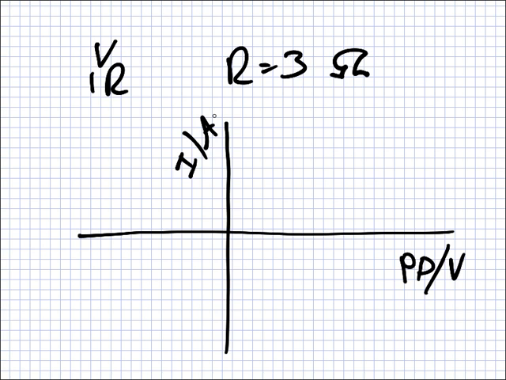So let's draw this. So what happens? Well, here it's ohmic, and here it's ohmic. When the voltage gets too big, what happens to the resistance for the lamp? Do you remember? Does it get more resistance or less resistance? More. It gets more resistance. So what happens is the graph goes like this, and then it'll go like this.